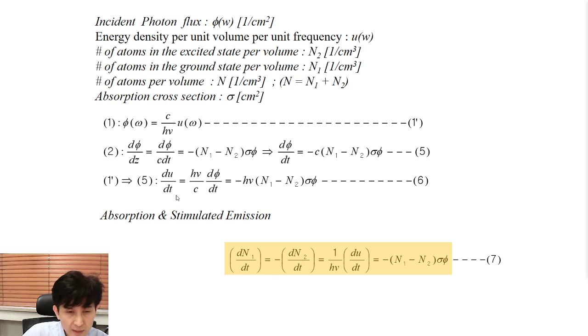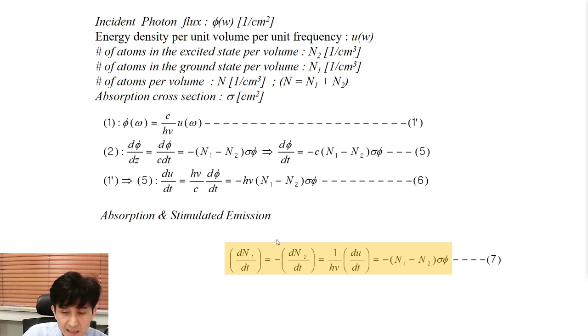So whenever there is a number of photons variation, that should be equal to the number of atoms in the excited state, which is the same as the number of atoms in the ground state, because the number of atoms per volume is constant. So whenever there is an increment in the excited state atoms, there should be a decrement of the same number of atoms in the ground state. So dN1 over dt should be equal to minus dN2 over dt.